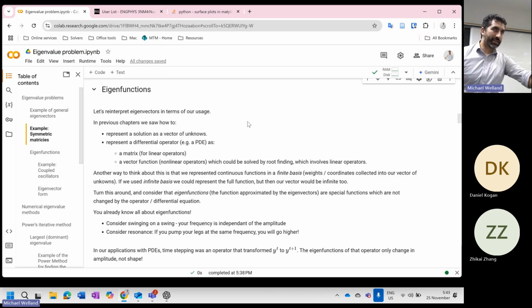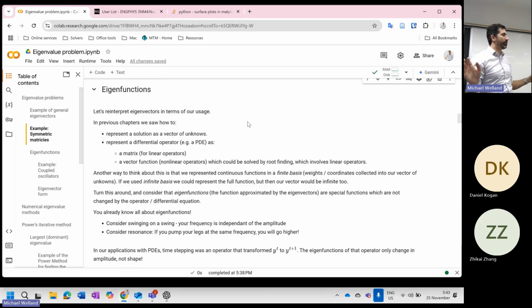The magic is that our vectors are representing functions. If we had an infinitely large basis to express our vectors, so if we mesh infinitely, we would have a continuous function. That's called an infinite basis.